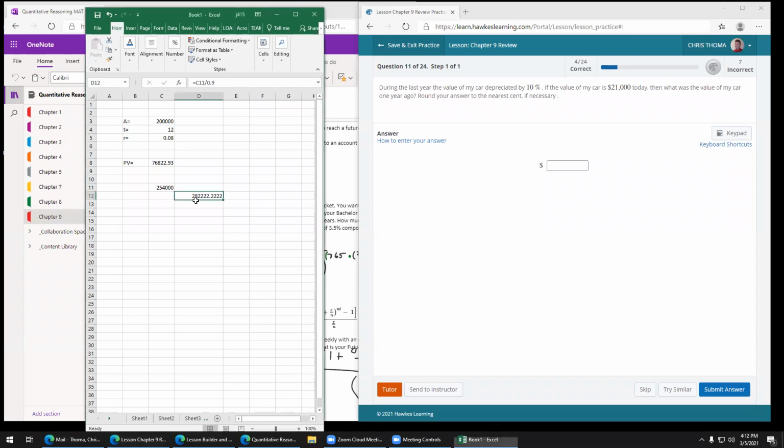All right, so for this one, clean up some of my numbers here. It's the depreciation. We did one of these, I don't remember the chapter now, but if it dropped by 10%, which means your original was 90%, so your current value is 90% of what it was. So if I take the current price and divide it by 90%, we had one of these on the test before, very similar, 23,333.33.